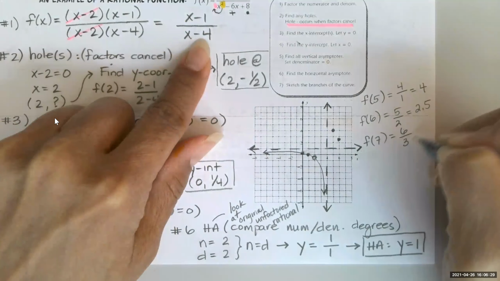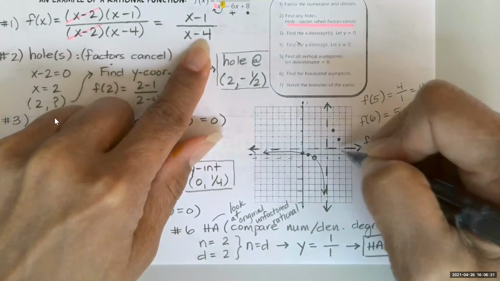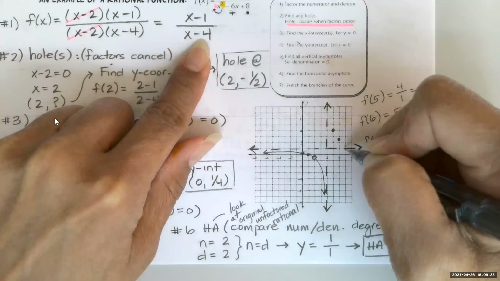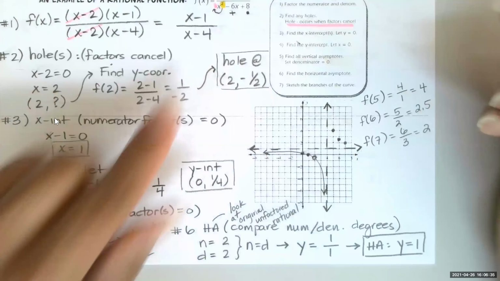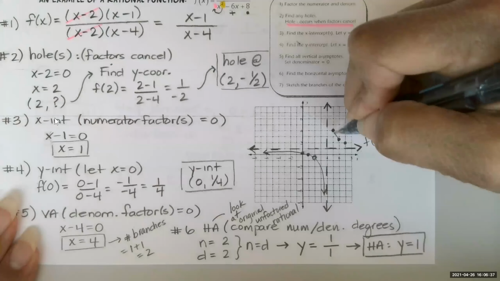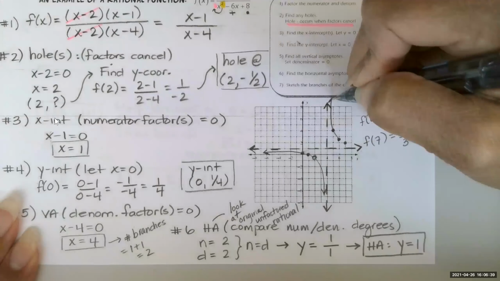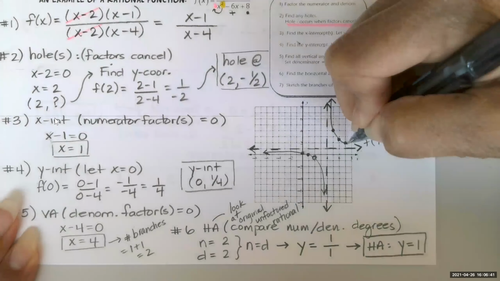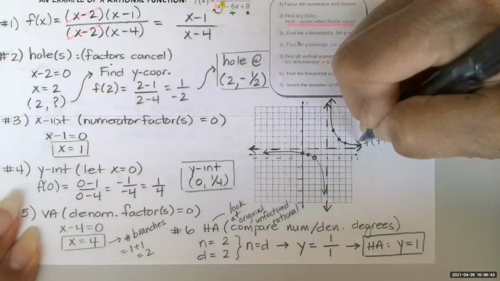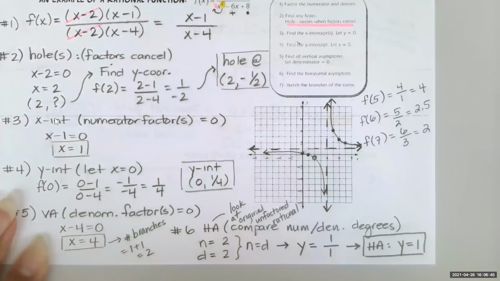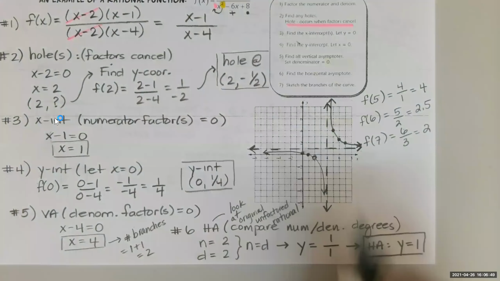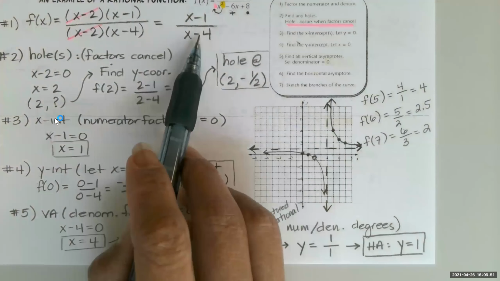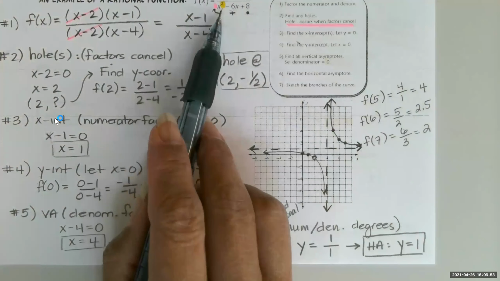Oh, that's a nice number. 7 comma 2. And so you can see the curve nature. This is going to go exponentially to positive, and this is going to decrease and get exponentially close to our horizontal asymptote. So there is our final graph of the rational function given to us today for our first example.